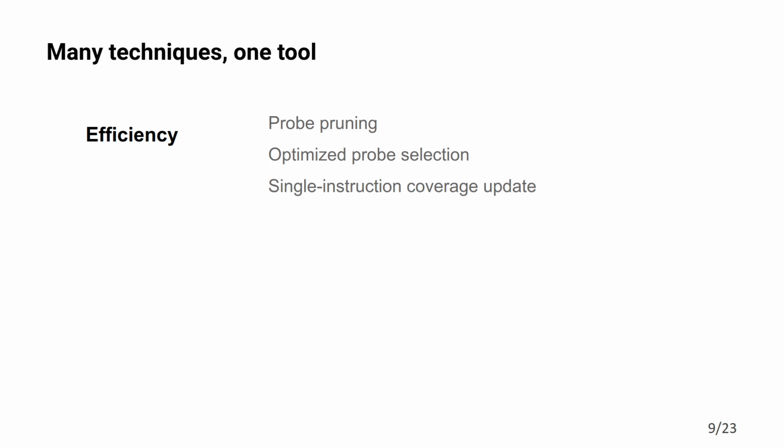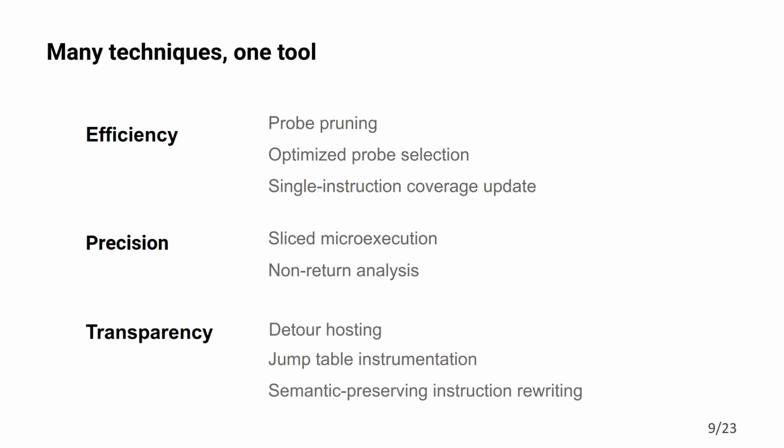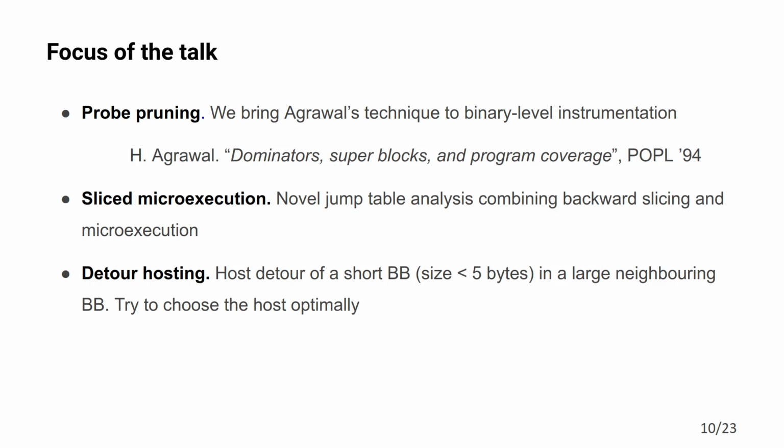While the basic mechanism might be simple, there are lots of details involved to make it work in practice. Therefore, bcov combines many techniques to achieve efficiency, precision, and transparent instrumentation. Due to the short time available, we focus in the rest of the talk on the following contributions, which we consider to be the highlights of this work.